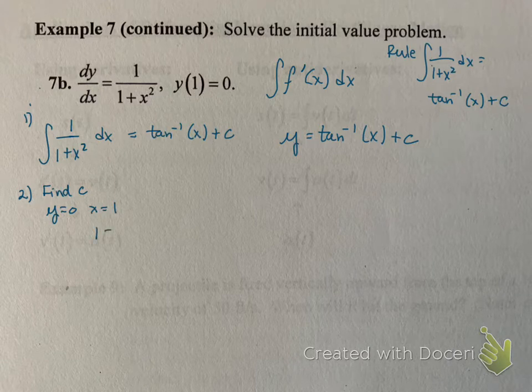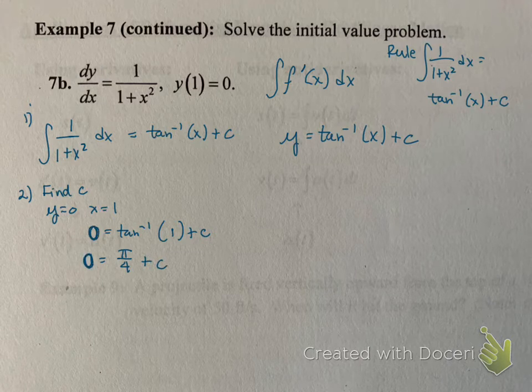So I get 1 equals inverse tangent of x, which is 1, plus c. And I'm solving for c. I know the angle that matches up with inverse tangent of 1 is pi over 4. And by the way, y is 0, so not 1, but it's 0.